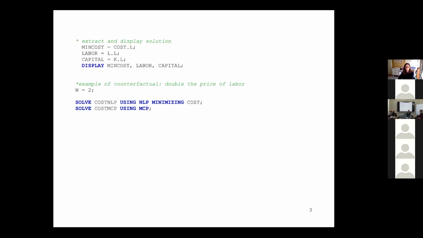If you want a second counterfactual, remember to set W back to its initial value, if that's what you want. It will retain any parameter changes in subsequent solve statements. So if instead you want to change R but not W, you've got to change W back.